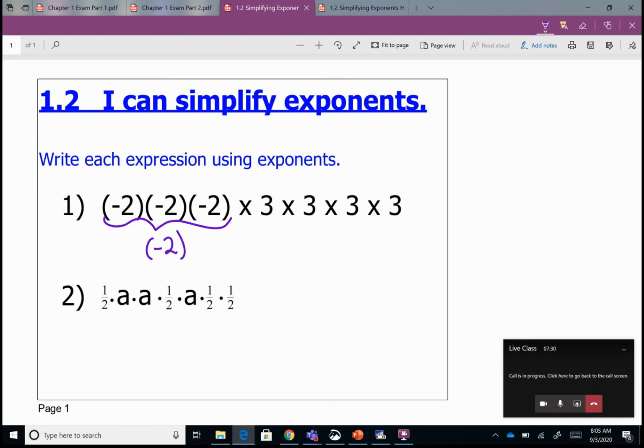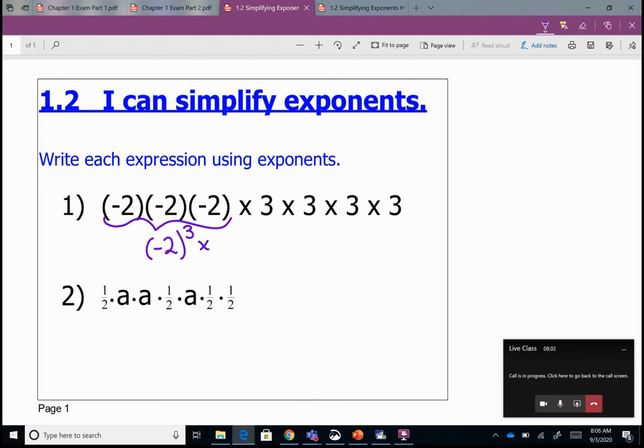And how many negative 2's am I multiplying together? 3. That's going to become my exponent. Remember, we saw yesterday if we did 2 times 3, we would get 6. But if we put 2 to the third in our calculator, we're going to get 8. So that's going to simplify that piece for us.